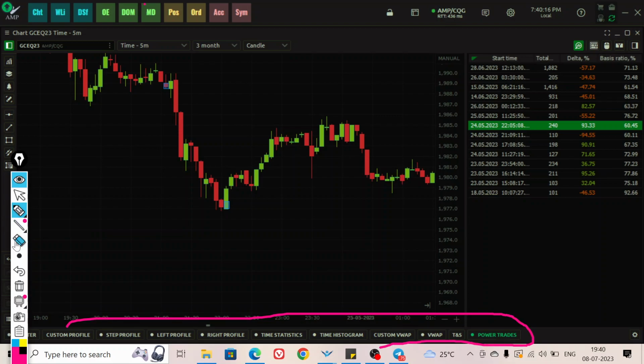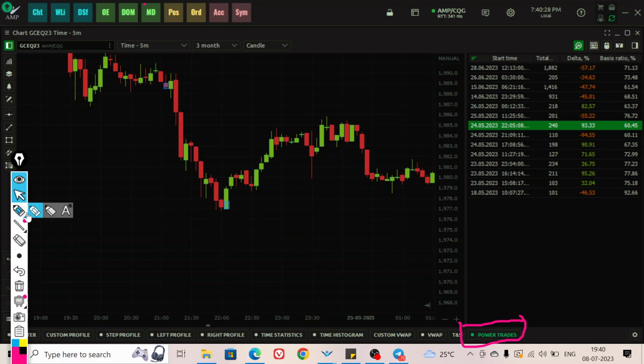For this particular order flow strategy, you only have to enable this one, the power trades. Let me explain a bit about what power trades mean, but I'm not going to get into the detail because you just have to use the method. The method is quite impressive and quite good.